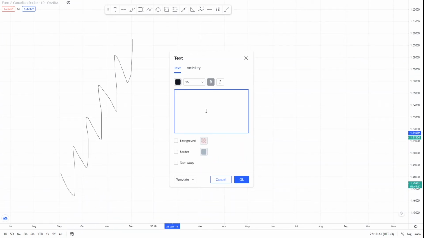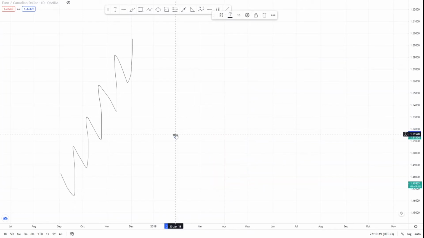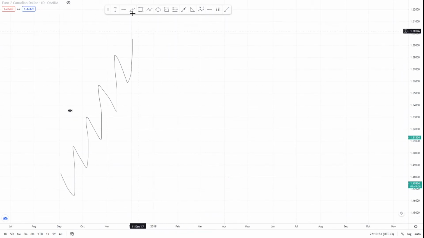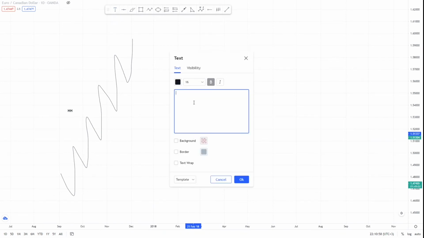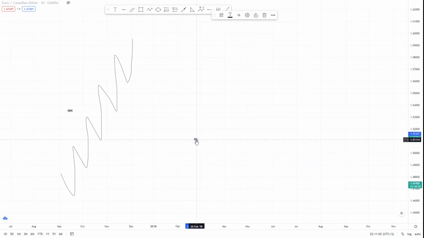So bear with me right now, let me quickly mark all the higher highs and higher lows. These are the higher lows, right? So that is what we have in an uptrend.